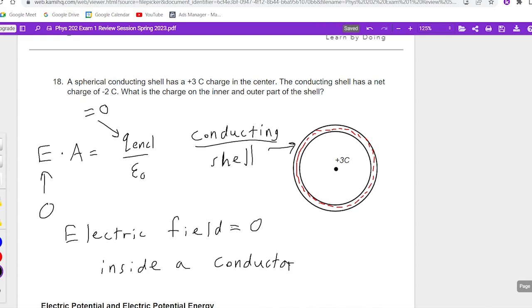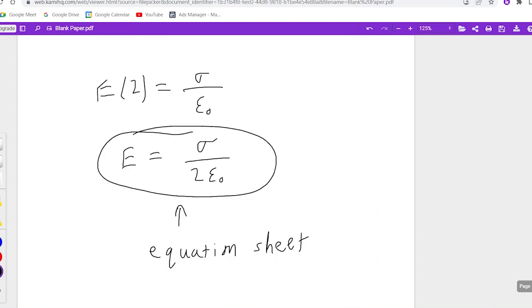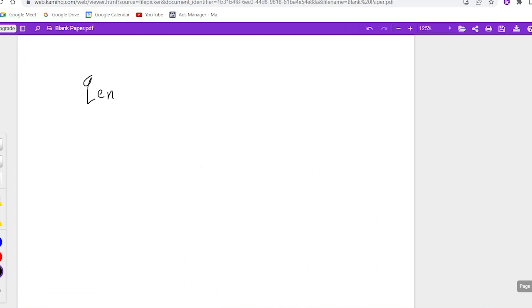Now here's the thing. Your charge enclosed encompasses 2 things. Number 1, it has a +3 Coulomb charge in the center. And number 2, it has the inner shell charge, because that's what I'm solving for, actually. I want to find the charge in the inner and outer part of the shell. So there's 2 charges I have here: the inner shell and the 3 Coulomb charge in the center. So since the charge enclosed, the total charge, must be 0, that is equal to the inner shell plus 3 coulombs.